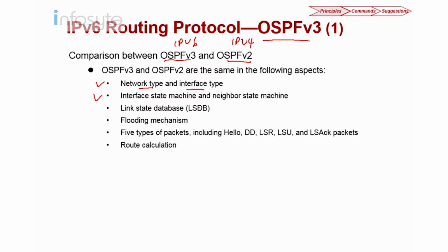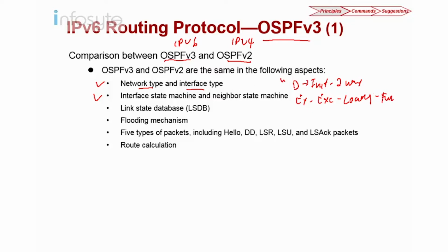The interface state machine and neighbor state machine are the same: we have the Down state, the Init state, the Two-way state, the ExStart state, the Exchange state, the Loading state, and the Full state.